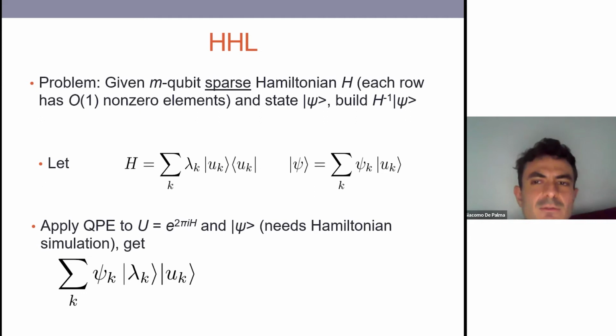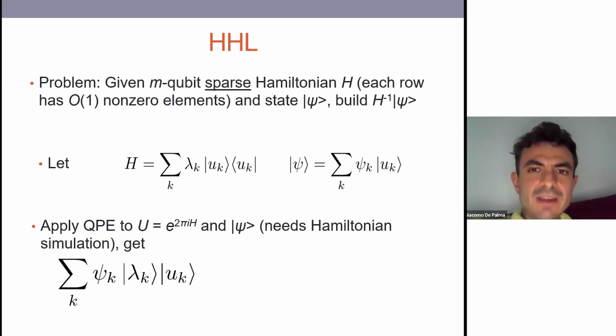But then what happened is that there was a discovery a few years ago, mainly by Ewin Tang, who proposed a completely classical algorithm inspired by this quantum HHL algorithm, which allows us to solve the same problem completely classically with only a polynomial overhead with respect to the complexity of HHL.